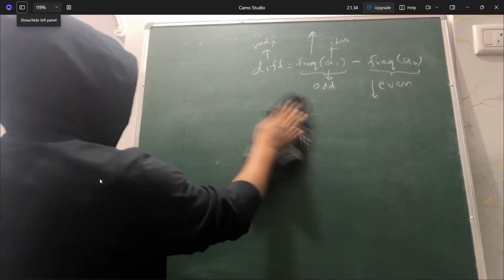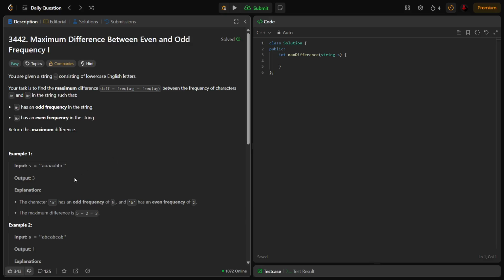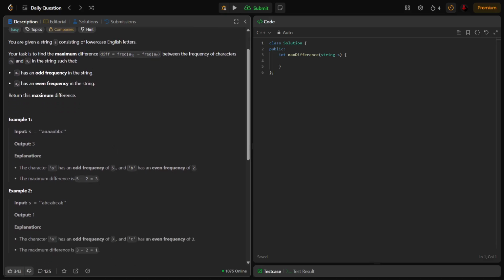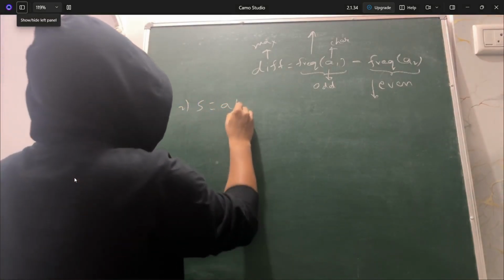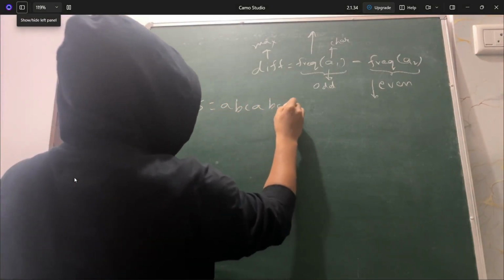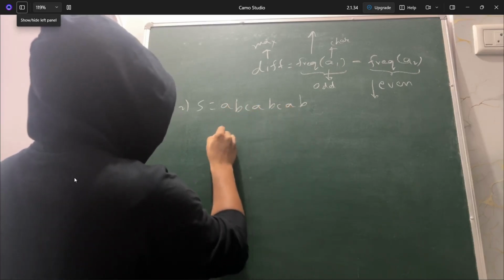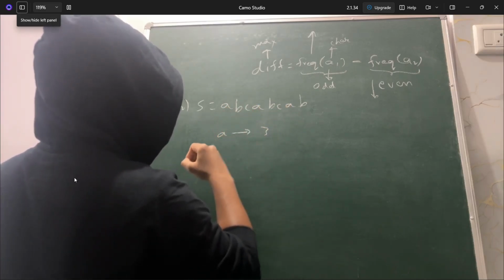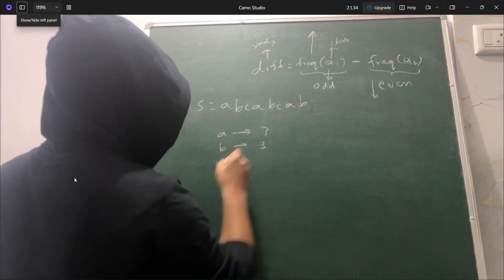Now let's go to the second example. Second example, S is ABCABCAB. Now let's try to find the frequency of A. Frequency of A is 3. Frequency of B is also 3. Frequency of C is 2.